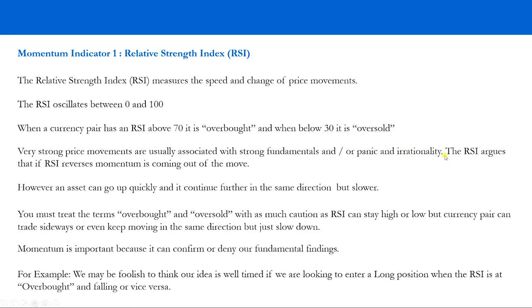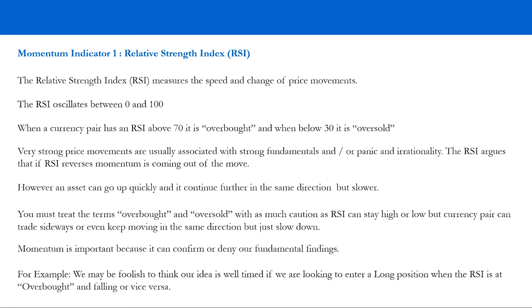Now the RSI oscillates between 0 and 100, so on a scale of 0 to 100. And when a currency pair has an RSI above 70, it is said to be "overbought". And when it's below 30, it is said to be "oversold".